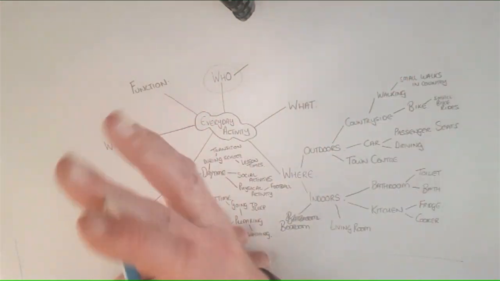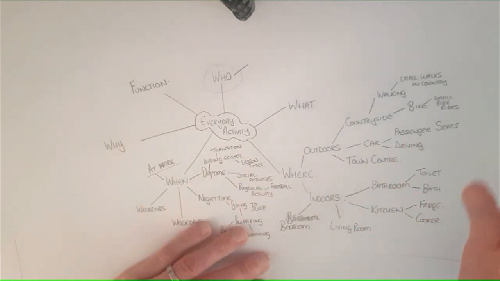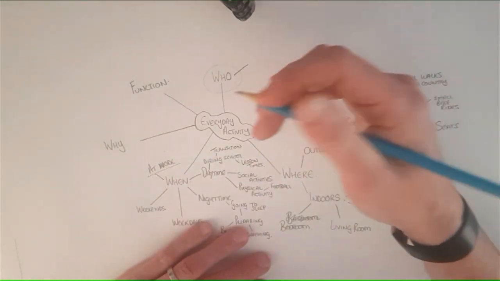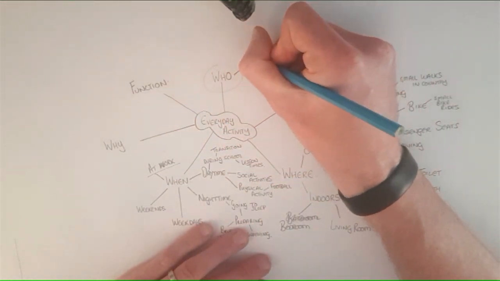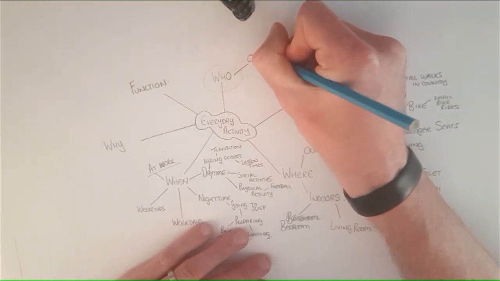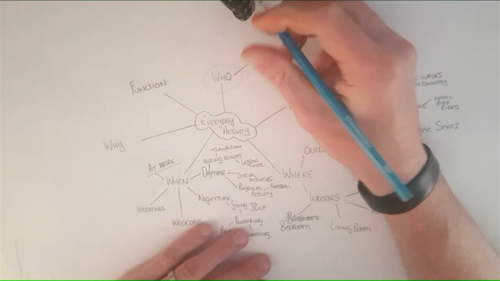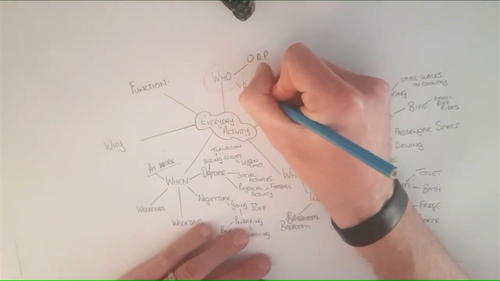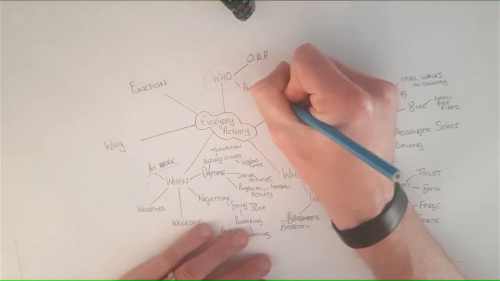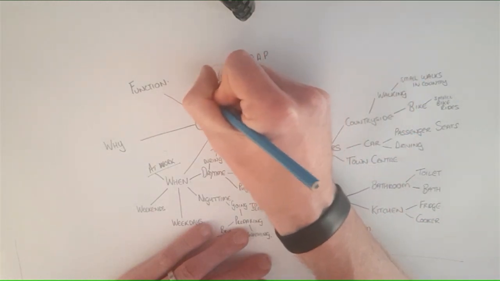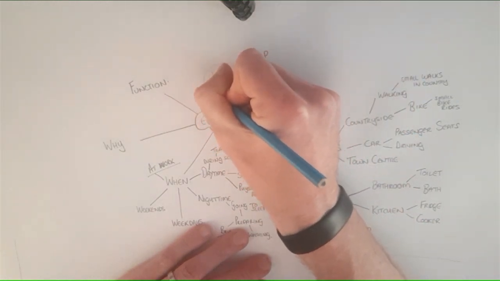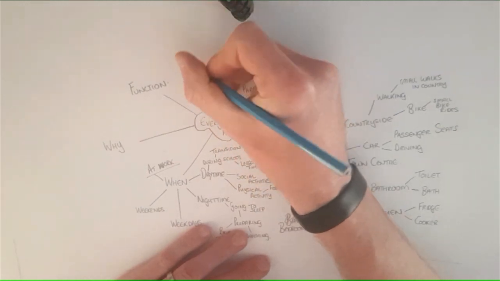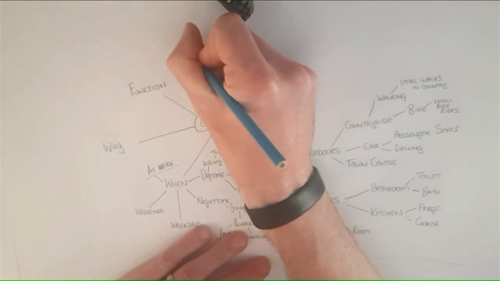So that could go into teenagers, children, young adults, anyone. I'm going to stick with, so we've got OAP, so old age pensioner. We've got maybe parents of people that have mobility issues. We have the carers of people with mobility issues. General disabled people.